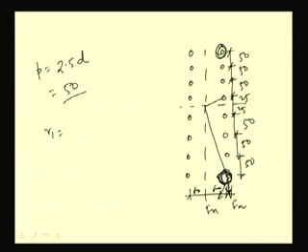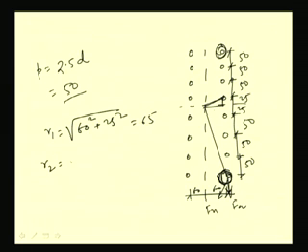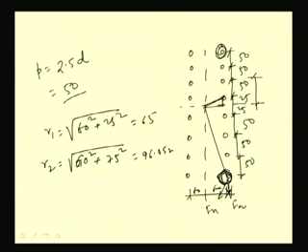R1 means this one will be root over 60 square plus 25 square, so this will become 65. Similarly, R2 will become 25 plus 50, that means 75, that means root over 60 square plus 75 square. So, this is coming around 96.05 mm.